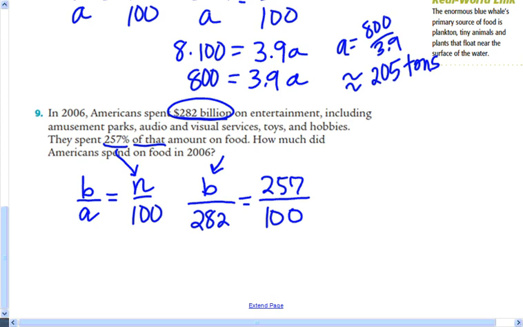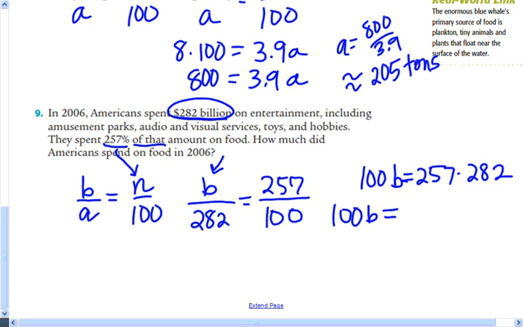So using cross products, I get 100 times B is equal to 257 times 282. And simplifying that, I get 100 times B is equal to 72,731.